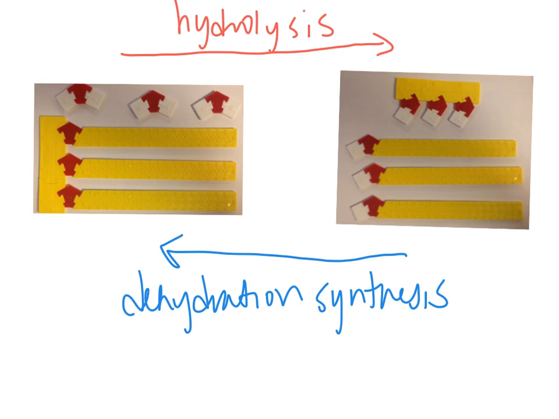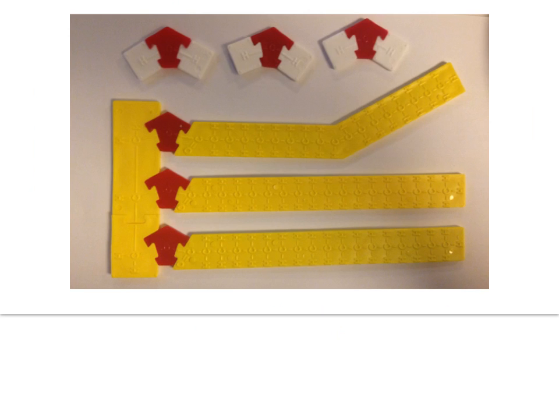So dehydration synthesis is taking out water to join 2 things together, and hydrolysis is adding water in to break something apart. Now, the example I've shown you here is with a saturated triglyceride, but this also works for your carbohydrates and for your proteins. Same process. You just either take out a water to join 2 things together, or you add a water to break things apart.